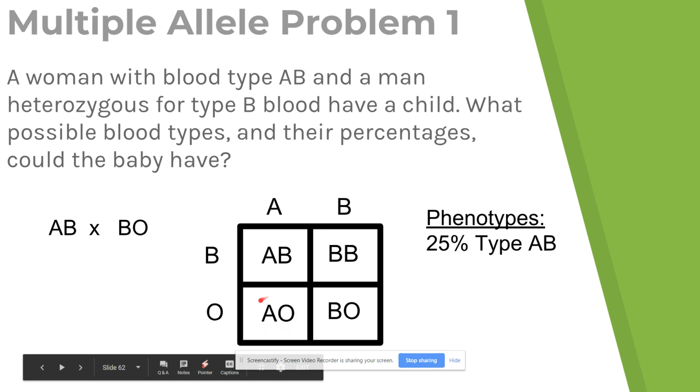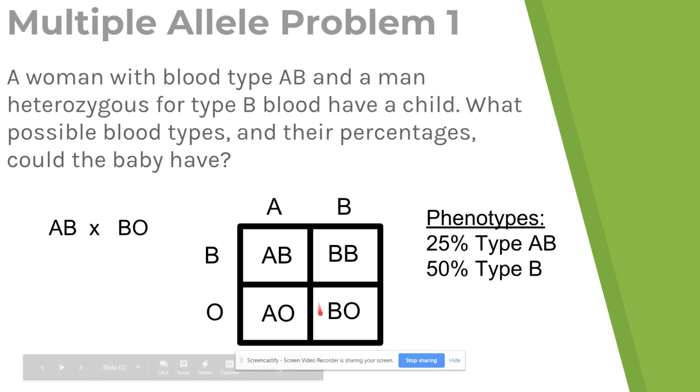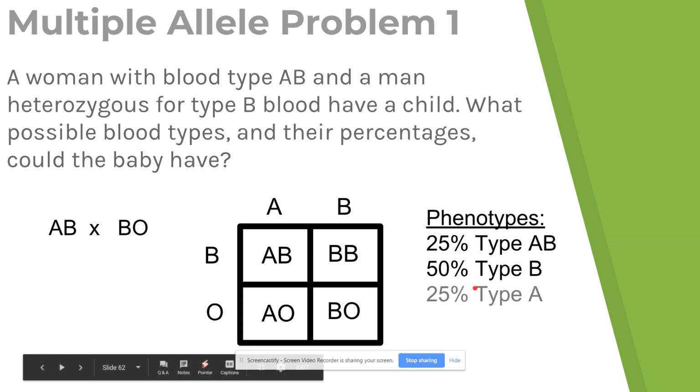This one right here is type A blood, so we know that 1 out of 4 is type A, so that'd be 25% type A. And these 2 here show type B blood. So 2 of the 4 is type B, which is 50% type B.